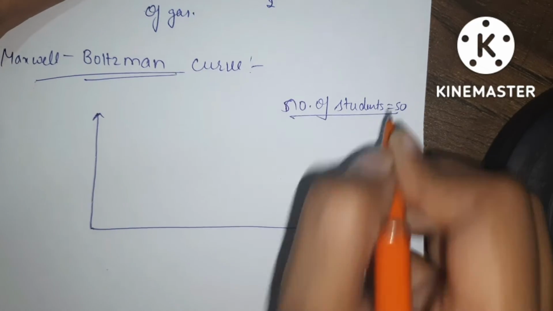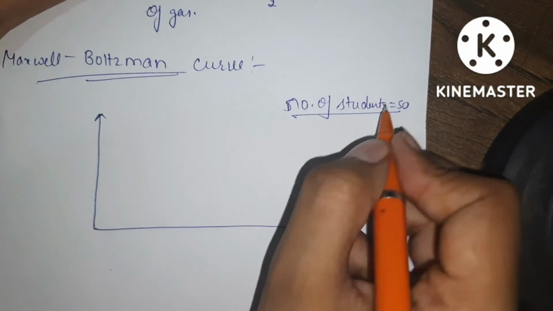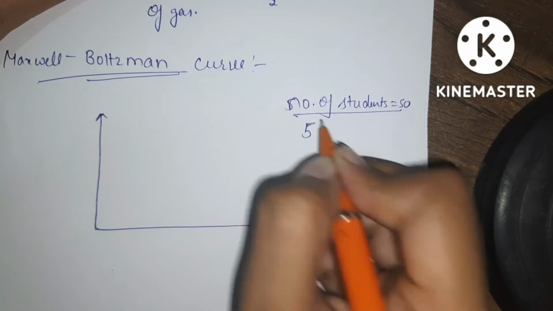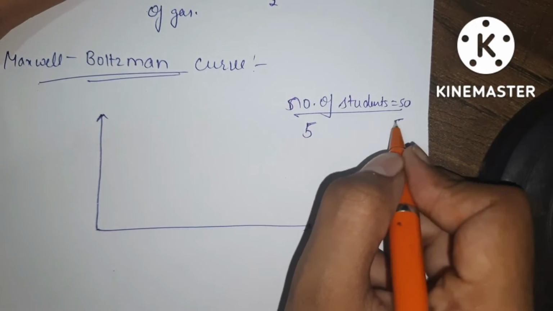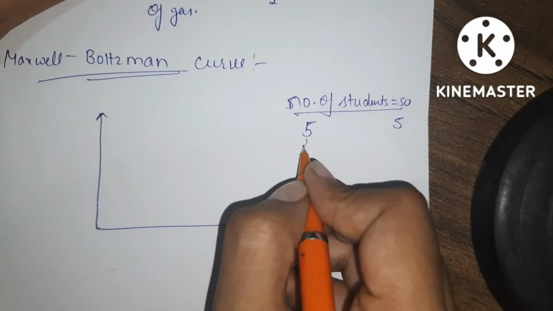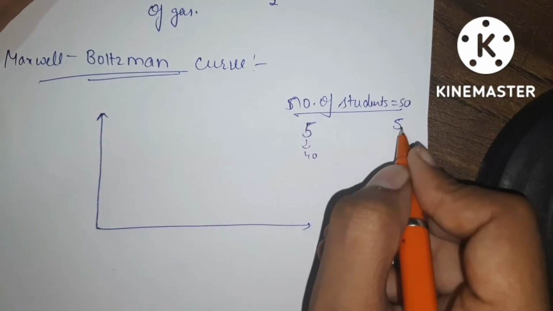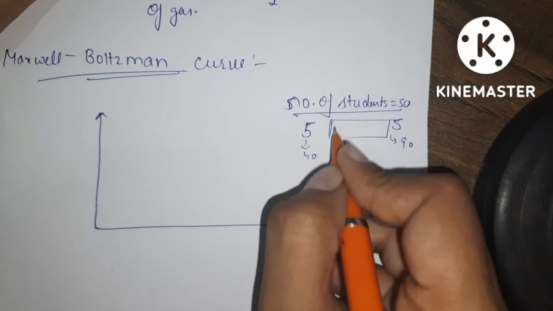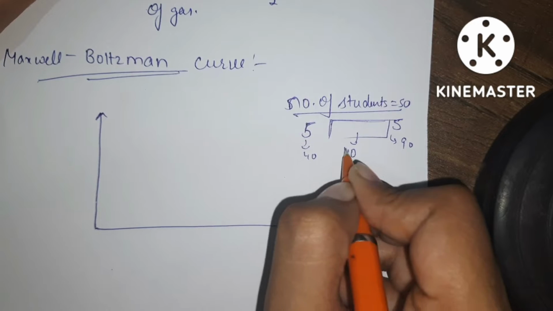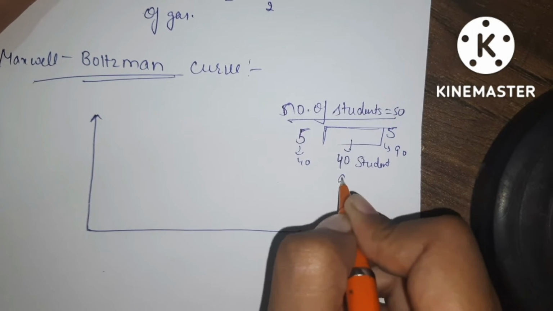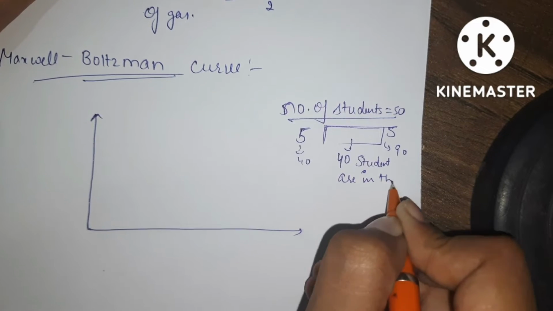Some of them are very weak in studies, suppose 5 of them are almost 40%, and 5 of them are very intelligent, above 90%. In this range, 40 students are in the range of average.